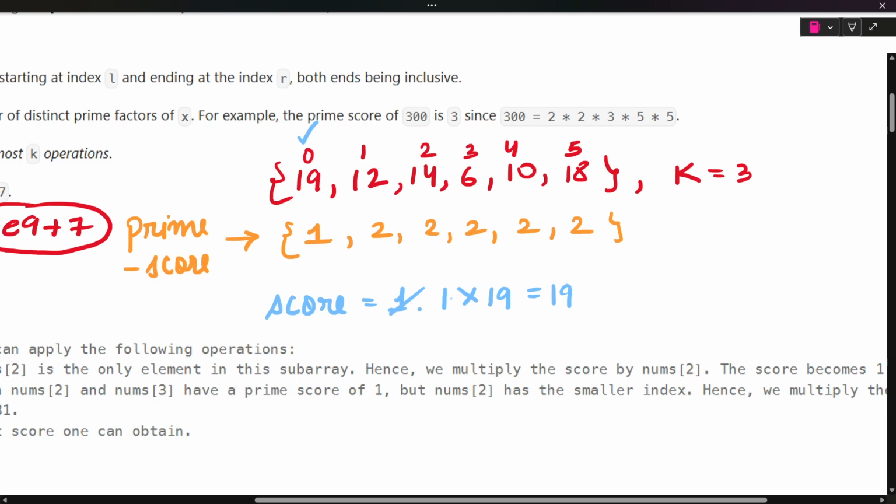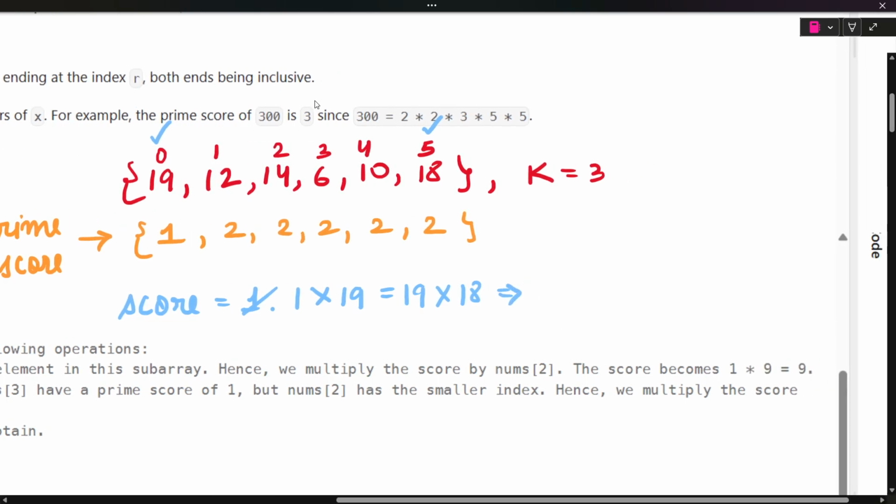Then we need to maximize again, so what element should we take? Can we take 18? Probably we can, because of some L comma R. So we take 18 into 19.